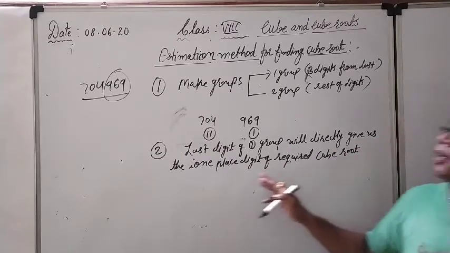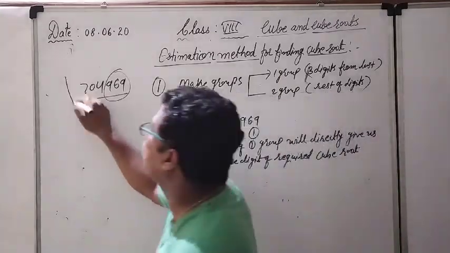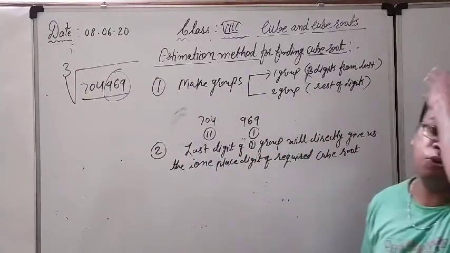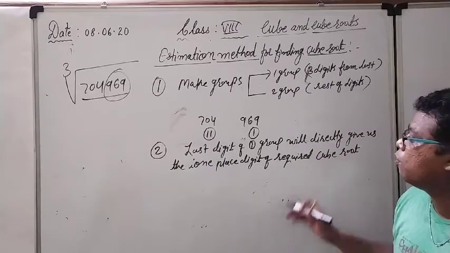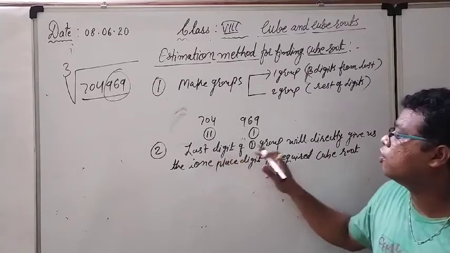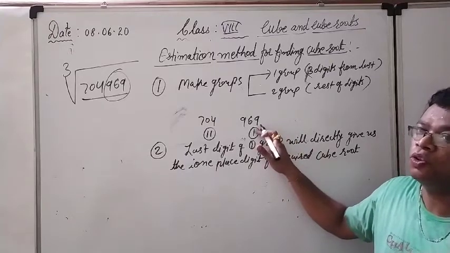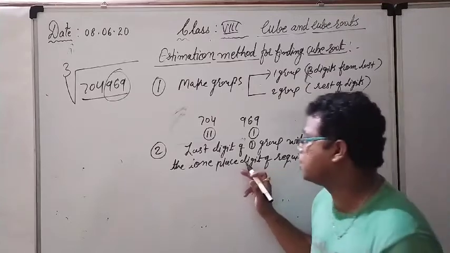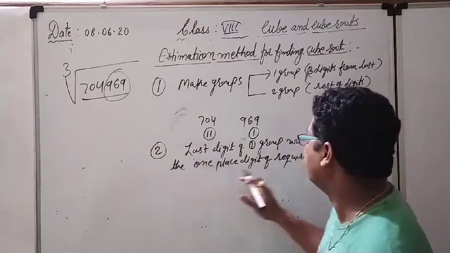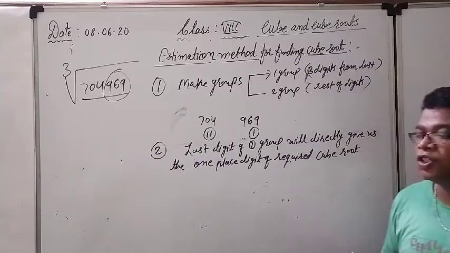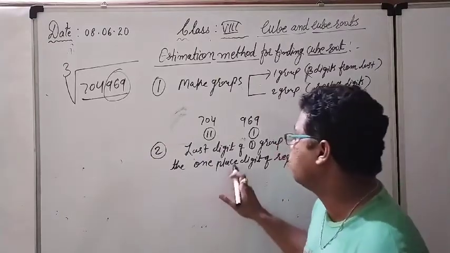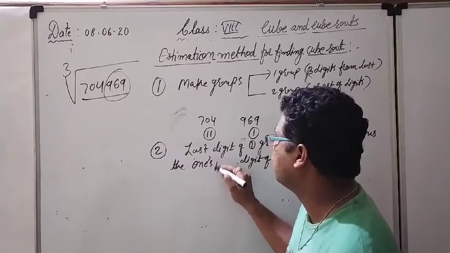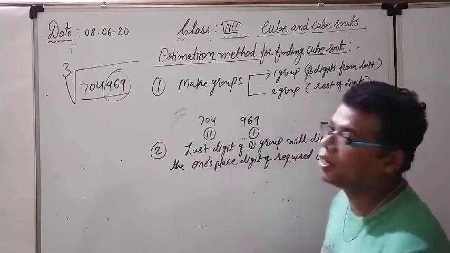What is the question right now? We have to find the cube root of 704969. What is our task here? We have to find the cube root of 704969. The last digit of the first group directly gives me the ones place digit of the required cube root.